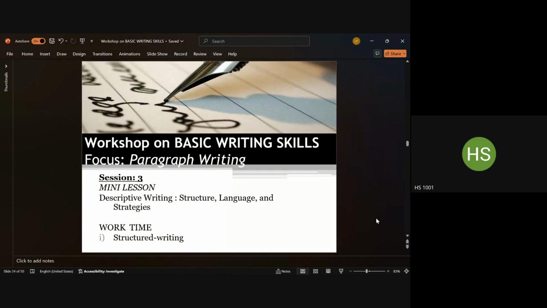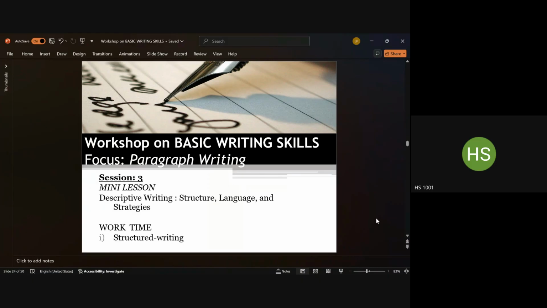So for today's session on the basic writing skills, like we discussed yesterday, we'll be discussing the descriptive writing part, right? Mostly, in the previous session, we looked at the development of paragraphs: what are the essential components required to write an effective, good paragraph, and how you ensure that your information is placed in a logical fashion and with a unified component in the paragraph.